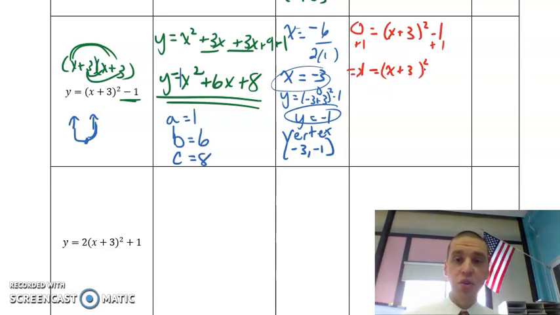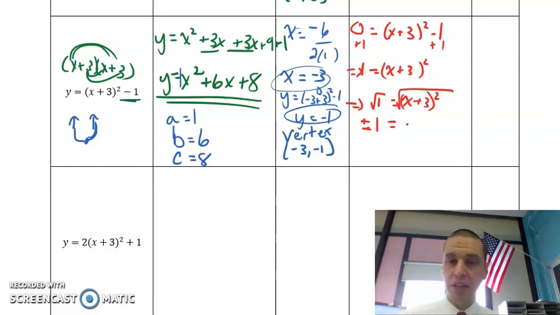I'm going to now square root both sides. Because I've square rooted it, I need a plus or minus. The square root of 1 is 1, so I'm going to get plus or minus 1 equals x plus 3. I'm going to subtract the 3 over and get x equal to negative 3 plus or minus 1.